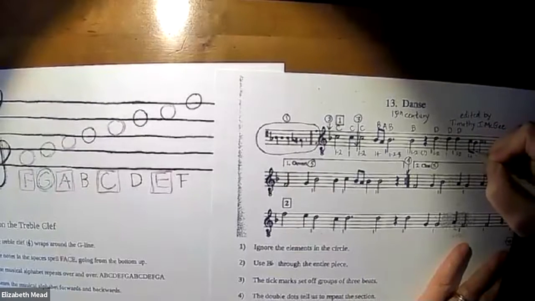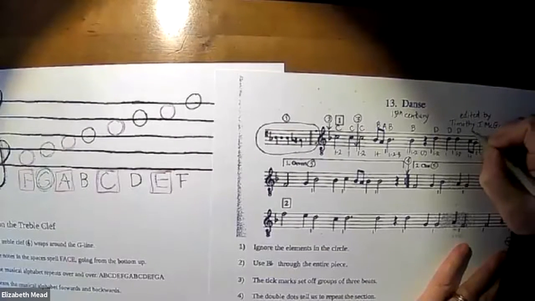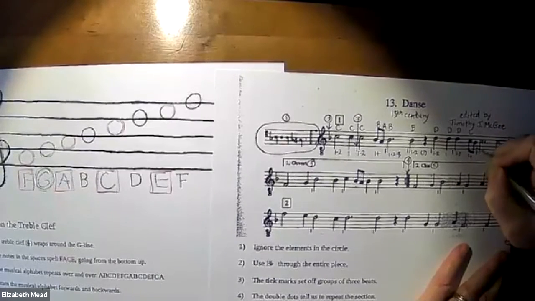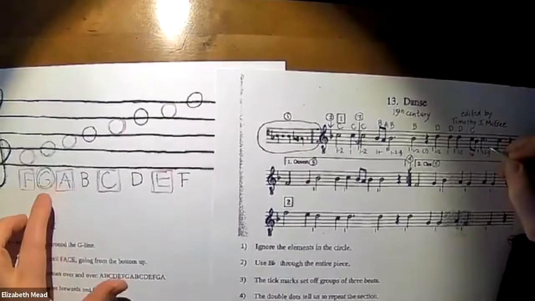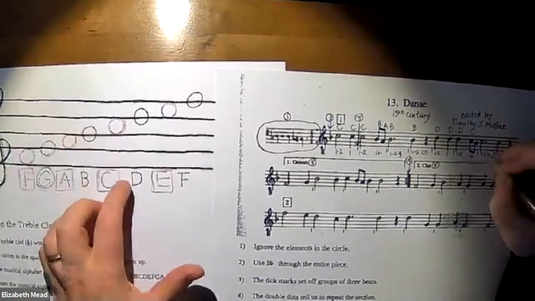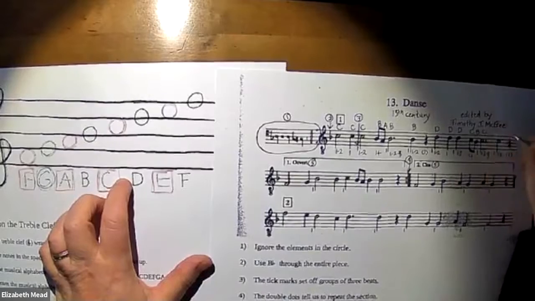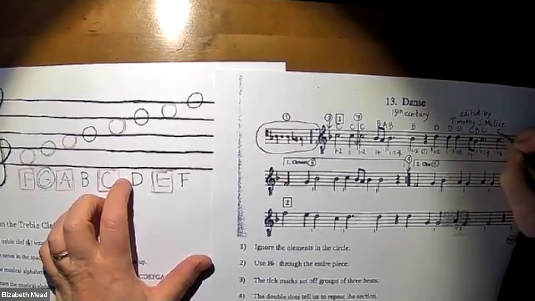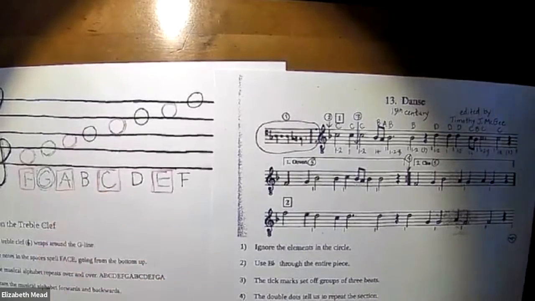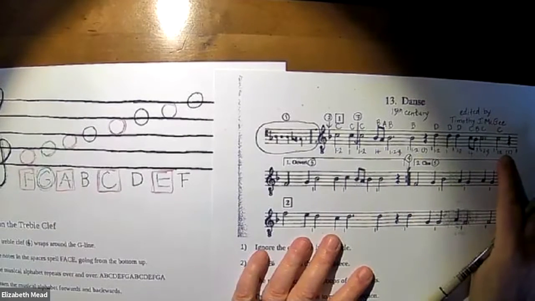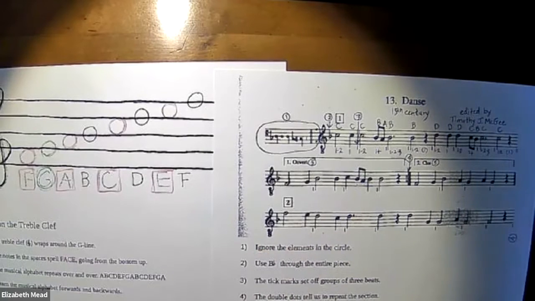Then it's a space, F, A, C. It's a line, it's the middle line. And I can go over here and I can see that the middle line is B. And then I'm back to C. And then it repeats. Okay, so that is how I figure out what the names of the notes are.